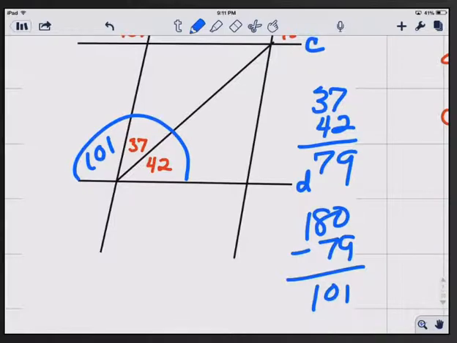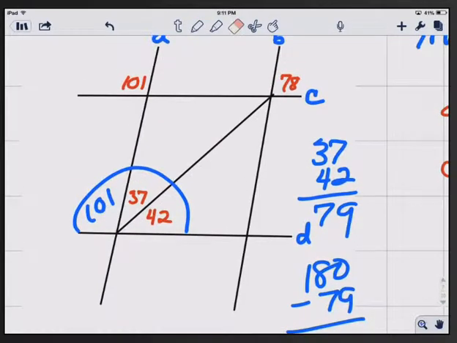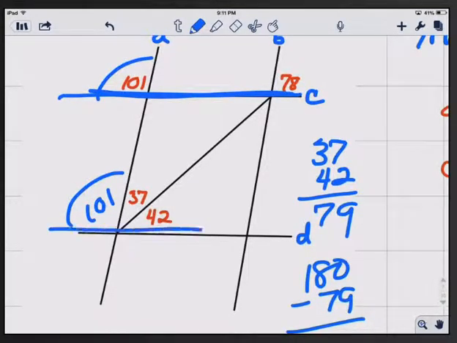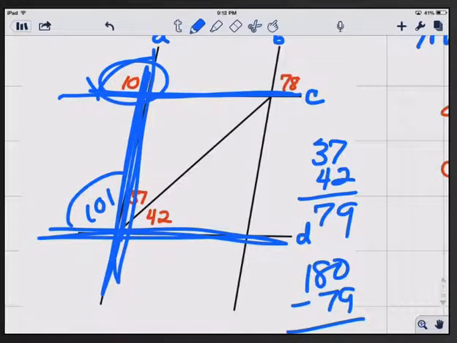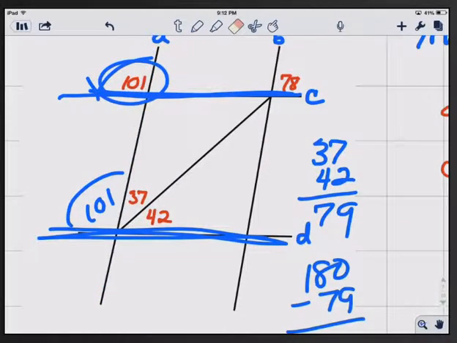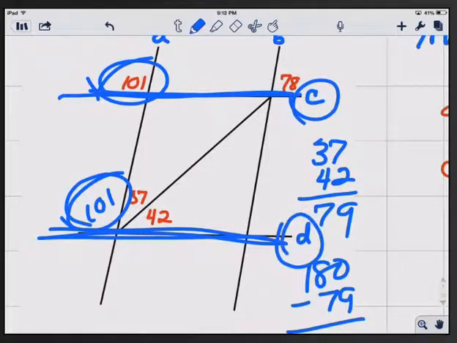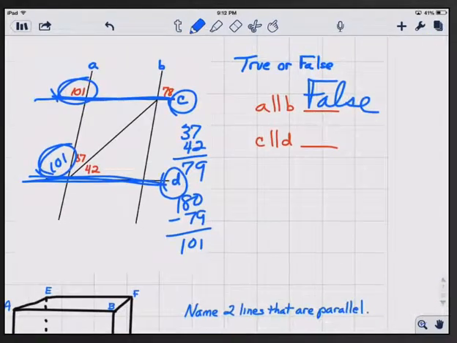Now if I look at the diagram this way, these two angles are corresponding angles when I look at line C and line D being intersected by a transversal, line A. Because we have corresponding angles that are congruent, we'll get rid of that so we can see the 101 obviously equals 101. So because corresponding angles are congruent, C and D are parallel. So that's true.